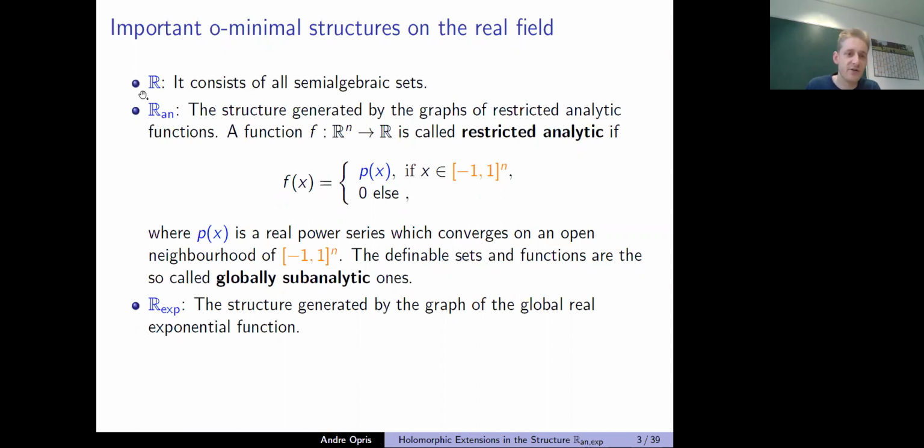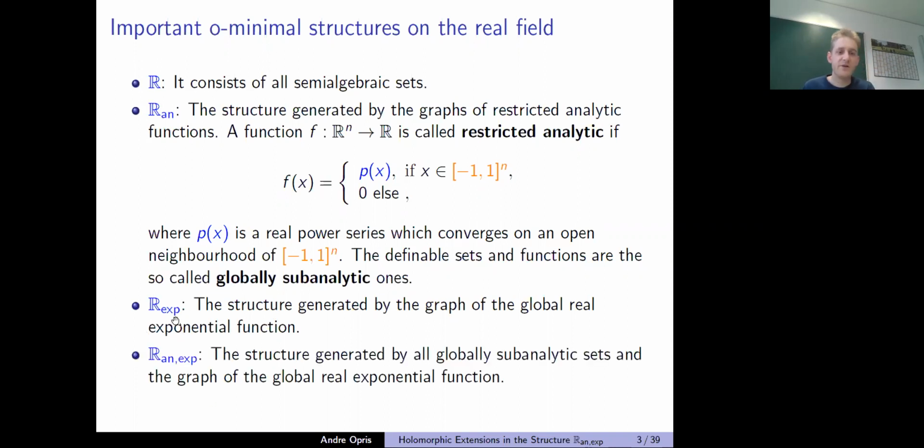And then you can combine the structure R_an with the structure R_exp in order to obtain the o-minimal structure R_an,exp. This is a structure generated by all globally subanalytic sets and the graph of the global real exponential function. And R_an,exp is a very important structure, since a huge class of elementary functions is definable in there, like the global exponential function, the global logarithm, hyperbolic functions, the global arctangent function, or the restrictions of the global sine or cosine function on the interval -1 to 1.